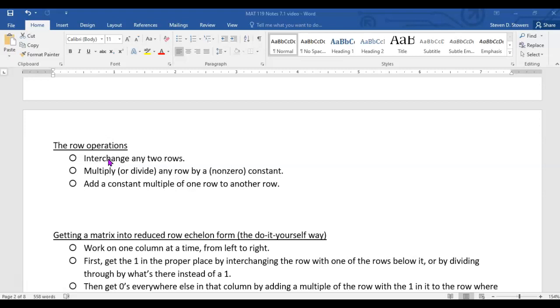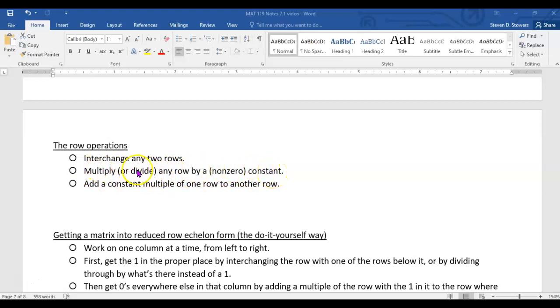So interchanging two rows of a matrix is really the same as interchanging two equations in a system of equations. Multiplying through all the numbers in a row of a matrix is essentially the same as multiplying everything on both sides of an equation by the same number.